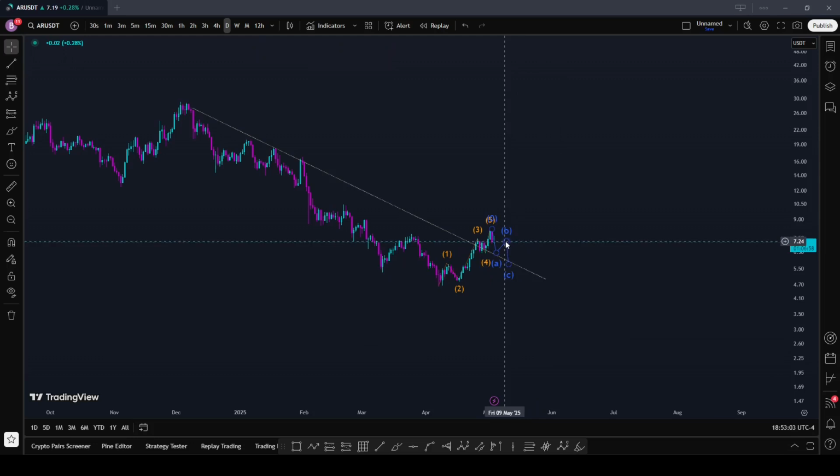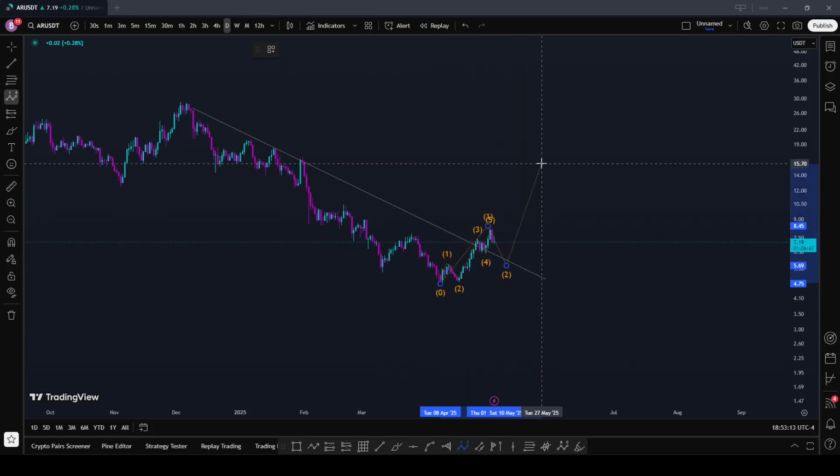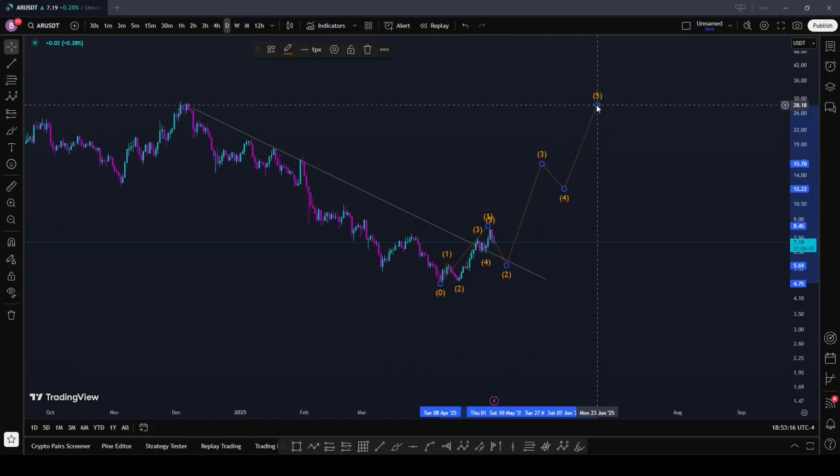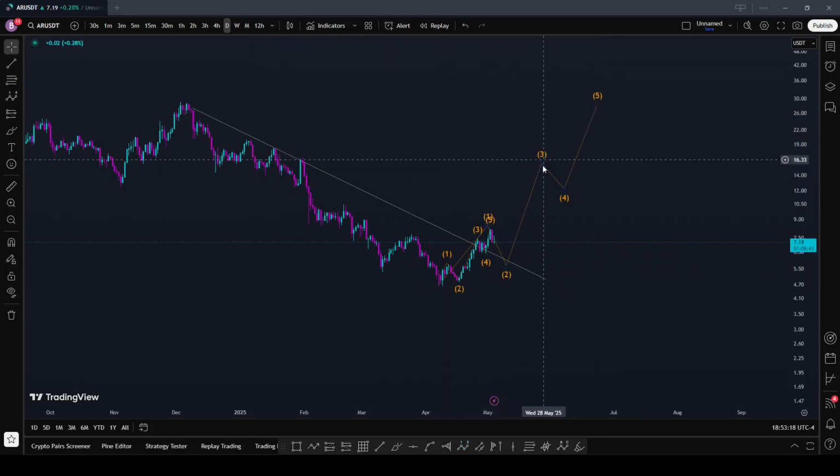And remember, as I told you from the weekly time frame, this is your 1. Now we are getting the 2 retracement before the 3, 4 and 5, right? So that is what you want to see.